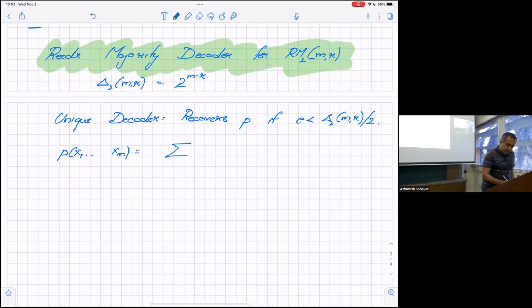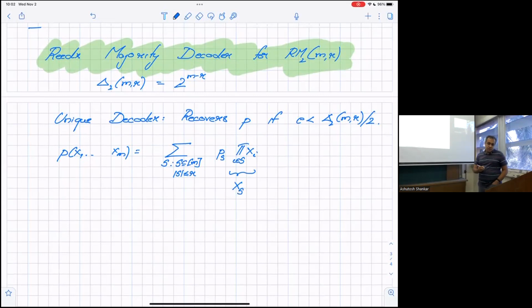You can write it as a summation over all S, where S is a subset of [m] with size of S less than or equal to r, of p_S times the product of x_i over i in S. And because we're going to use this term very often, I'll just call this x_S, short for this.